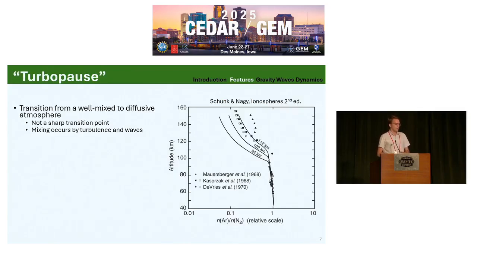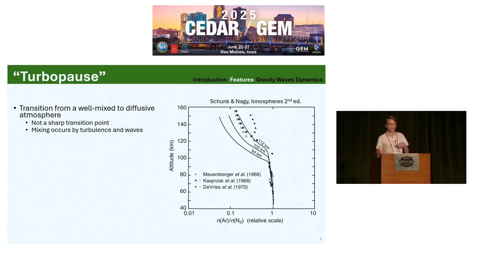So finally, the "turbopause." The reason I put this in quotes is because the turbopause is debatably an outdated concept, but essentially it's somewhere in this region in the MLT, the atmosphere transitions from what we call well-mixed to being diffusive, defined by molecular diffusion processes. But it is not necessarily a sharp point.